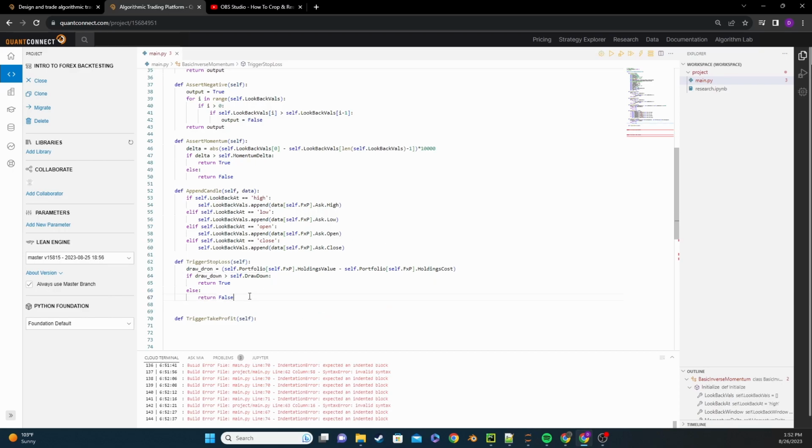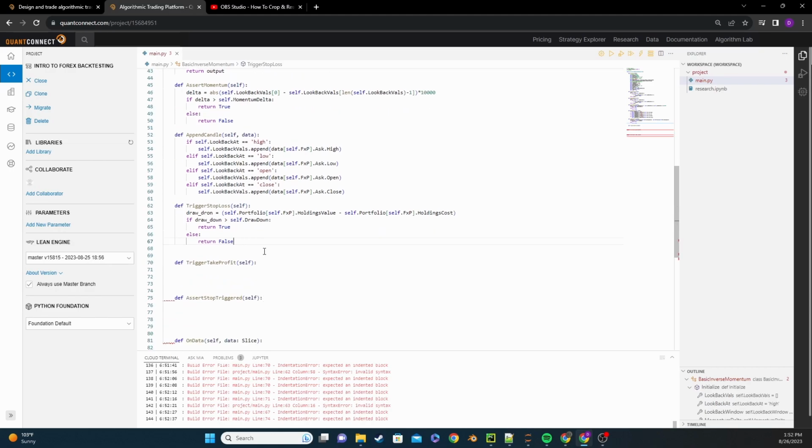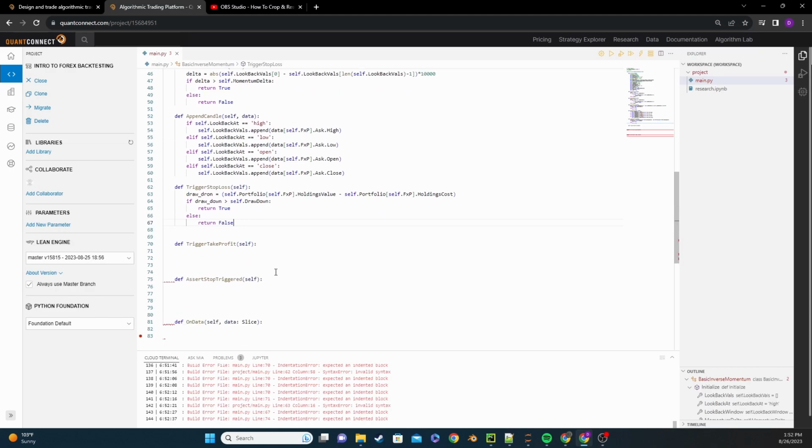We just want the logic to assert if this is the case here. And again, I assume it's kind of self-explanatory, but basically there's a value of our holdings. If we do the value of our holdings minus the cost of our holdings, it should give us some kind of a differential.